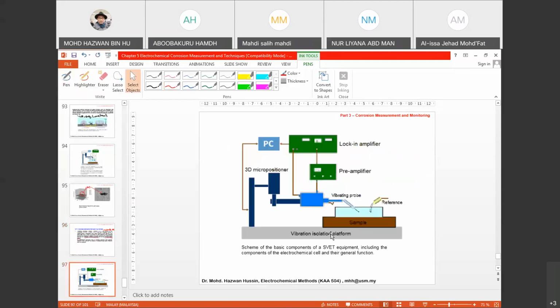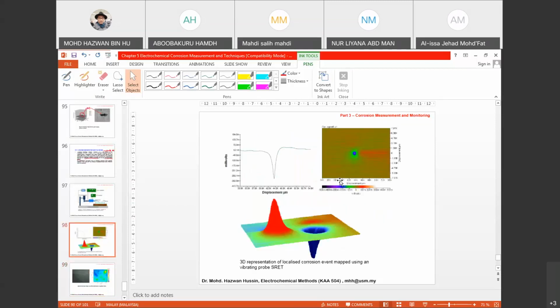All right. So the setup is almost the same. It's just that you have a vibrating machine put with the microelectrode and the probe here. So it will vibrate, and then it will measure throughout the sample. The information that you will see after that is that it will give a topography. So this is actually using SVET or SRET techniques.